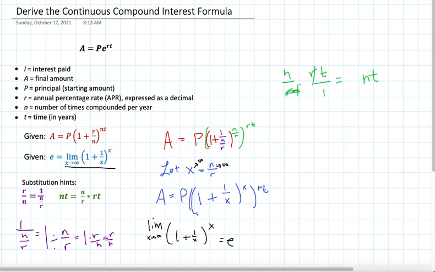Okay, so I can take this part right in here and replace it with e.